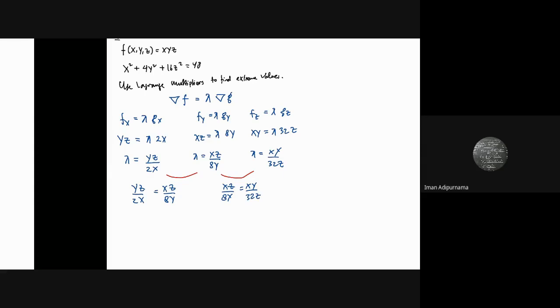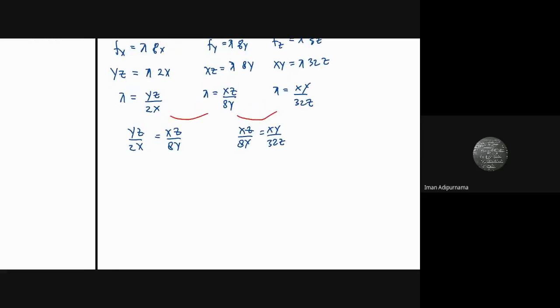At least I can make these equations, right? The z is canceling, so I have 8y squared and 2x squared. And I can take this and it becomes this. Same thing here. This will be 32z squared and 8y squared, so z squared is y squared.